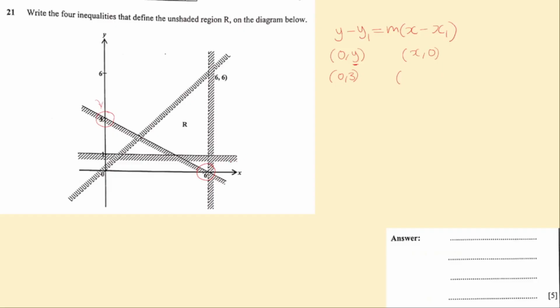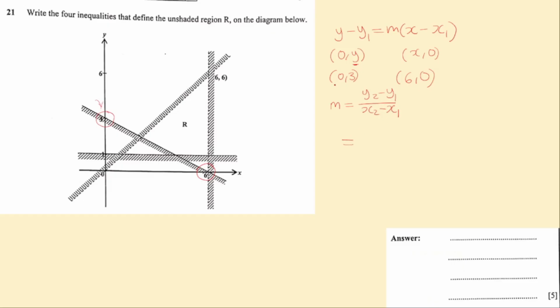So x there is 6, and we know that at that point where the line cuts the x-axis, the y-coordinate is 0. So we use these 2 points. What we don't have is the gradient, the slope of this line. So remember, you use this formula for finding the gradient.